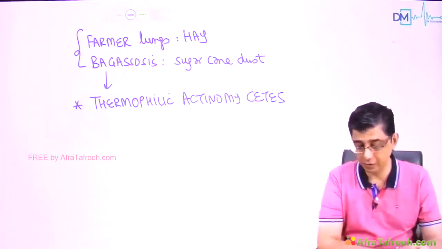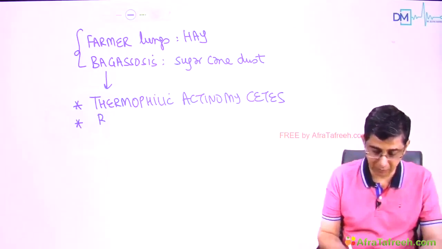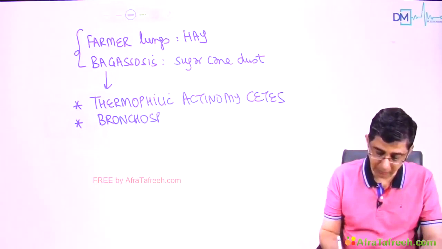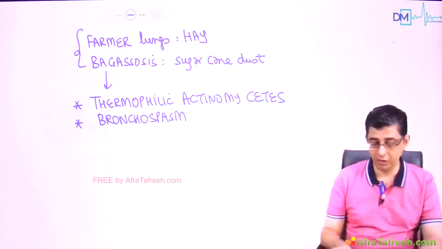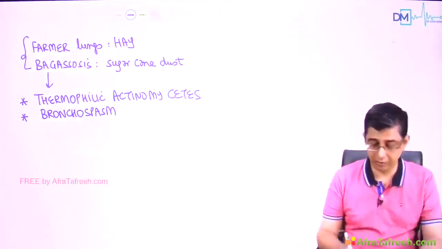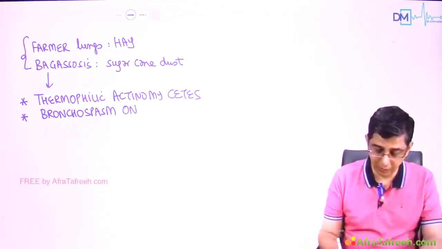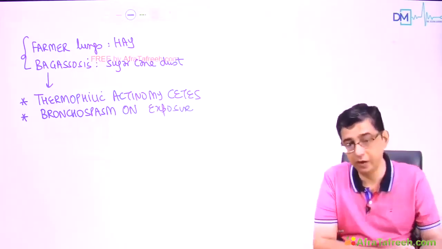This is the one which is responsible for development of bronchospasm in these patients on exposure. So this farmer walks into a barn. Barn is an area where dried grass is kept and he starts feeling suffocated. Or this sugarcane industry worker starts feeling suffocated. So bronchospasm on exposure to this antigen, the fungus, would be occurring in these particular patients.